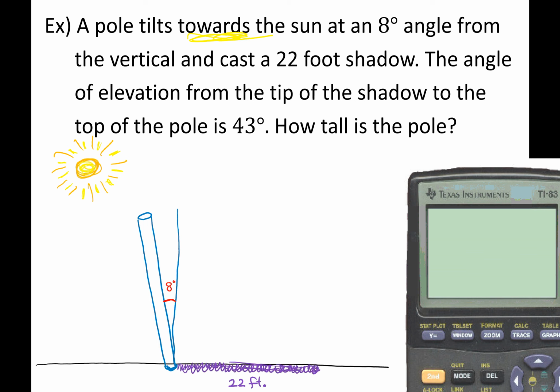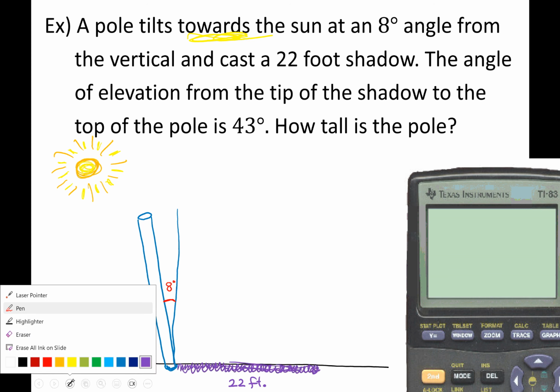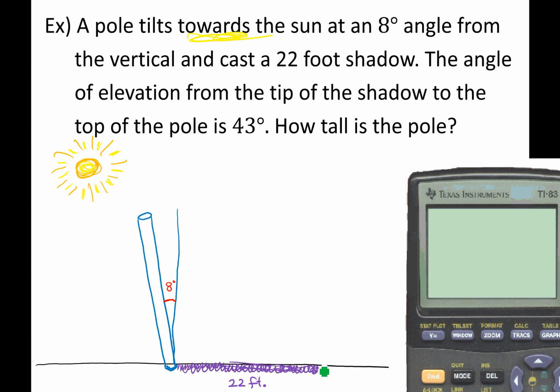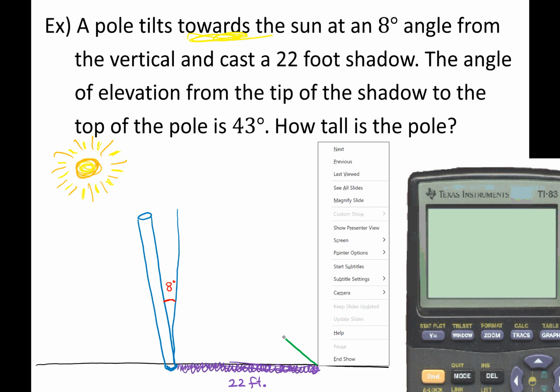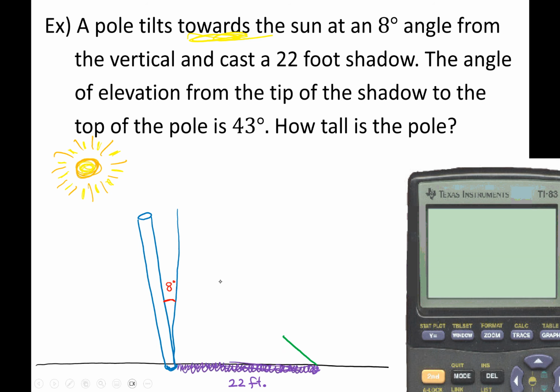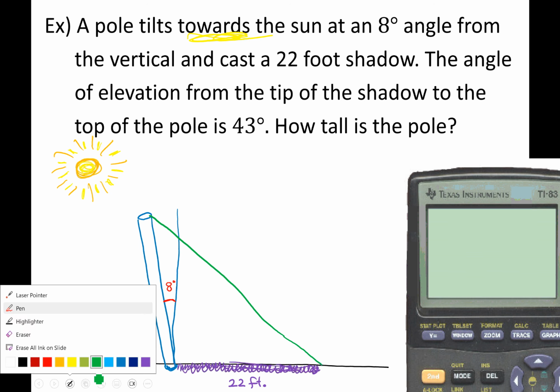And then the angle of elevation from the tip of the shadow right here to the top of the pole is 43 degrees. We'll use green for that. So from the tip of the shadow to the top of the pole is 43 degrees.